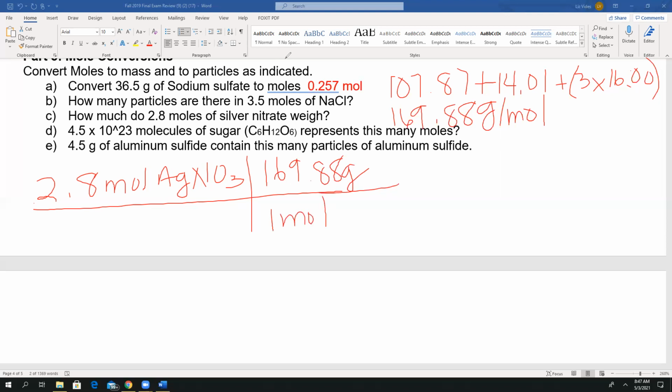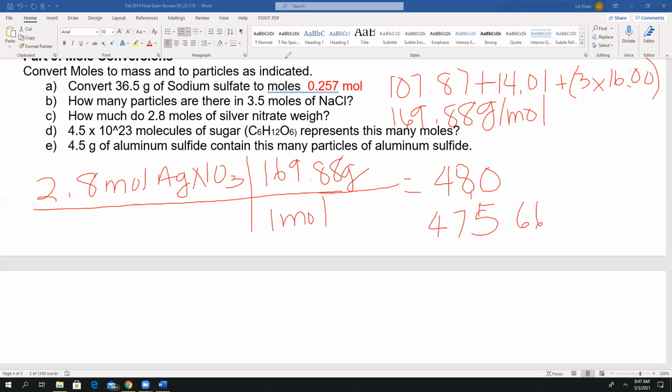Okay, so now we need to multiply that number times the number of moles, 2.8. And that gives us only 2 sig figs. So you have to say 480, even though it says 475.66.